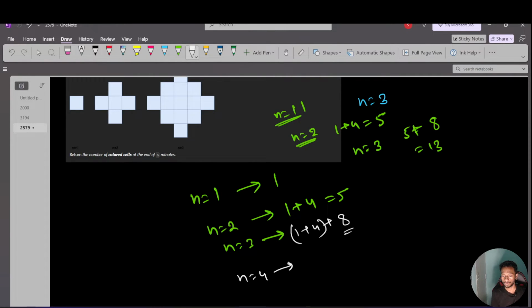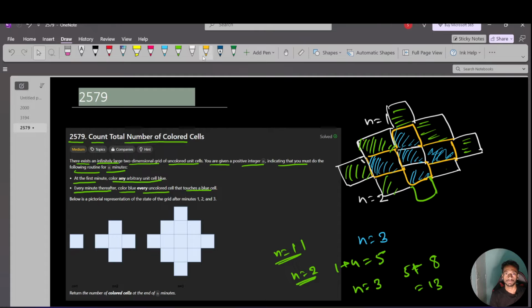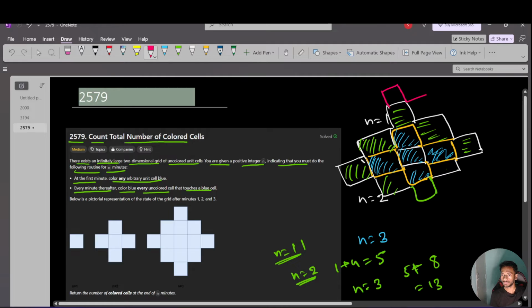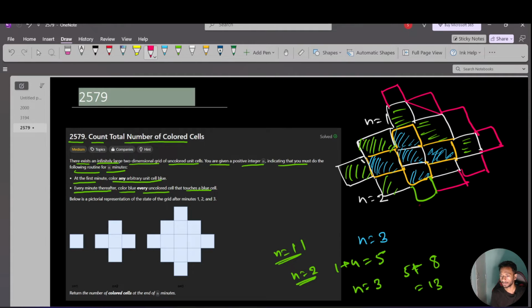For n is equal to 4, if we draw this, how many new cells will be added? This cell will be added, this cell will be added, and so on.